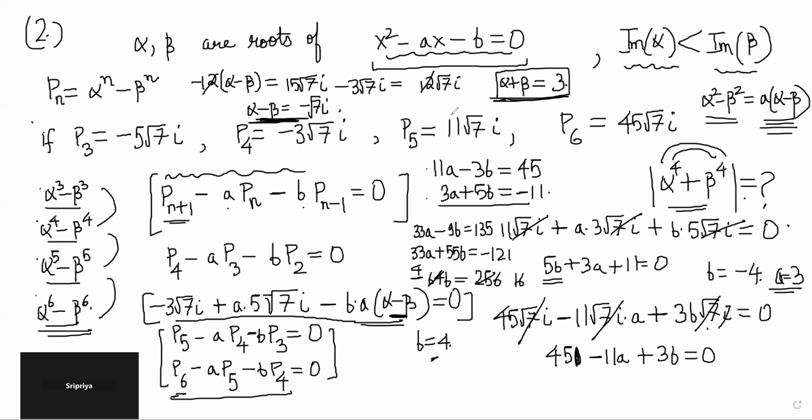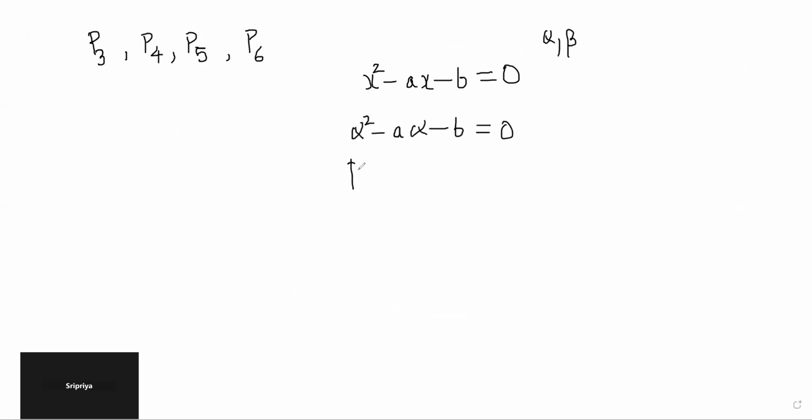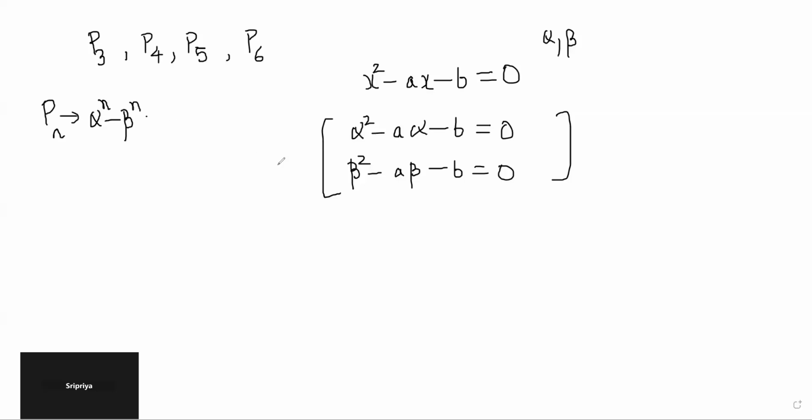So the point is, one way to do the problem was using the P3, P4, P5, P6. What we did was, for any quadratic equation, when they give us that alpha, beta are the roots, we can write alpha square minus a alpha minus b is 0 and beta square minus a beta minus b is 0. And if you want to make a relation over the terms alpha power n minus beta power n, something like this, it is only going to be possible if you multiply it with something, alpha power n minus 1 or something.